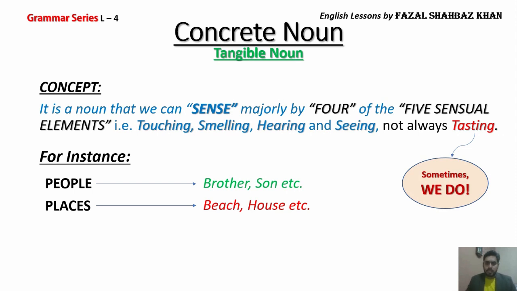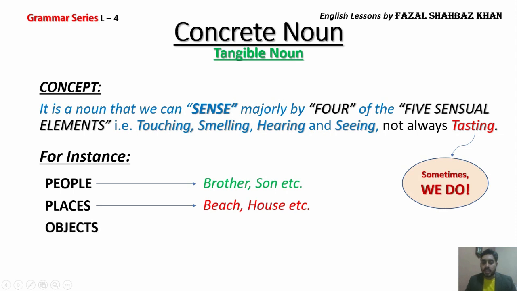House or beach may not be heard, or may not be tasted, and may not be smelled. So we can say that at a time one thing can be done only. Not all the five elements are possible every time for a single concrete noun, but any one of which should be there.